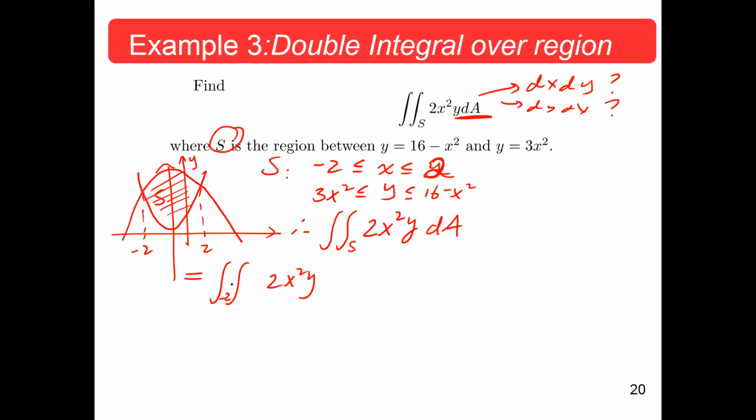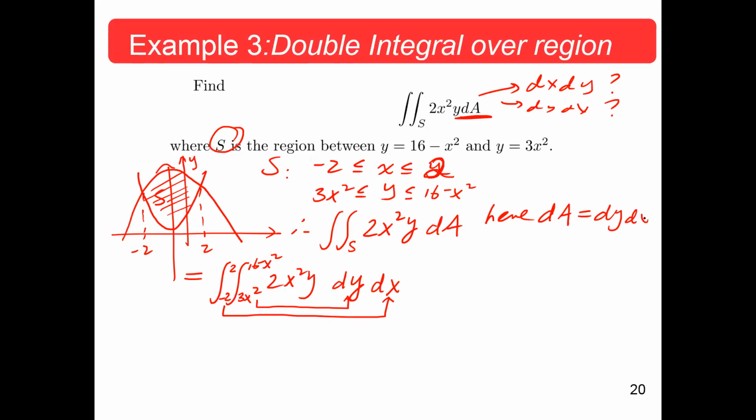So we have -2 to 2 matching dx, and 3x squared to 16 minus x squared matching the inner layer. Is that good? Yes. That's how you set up. So in this case, my dA, differential of the area, has to be dy dx.